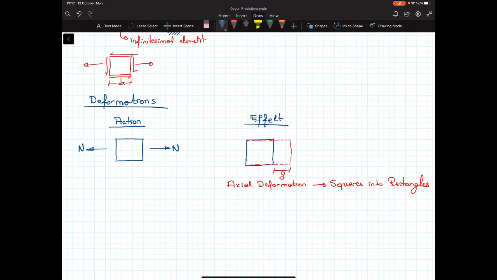Now we can have a flexural deformation. We say that the flexural deformation is caused by internal moment. Now, how does it deform? If I have a square, what type of shape will I get after the application of this moment? We say that it will become a trapezoid.